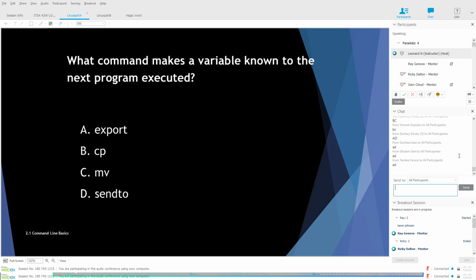Which command makes a variable known to the next program executed? The export command. Think about this.